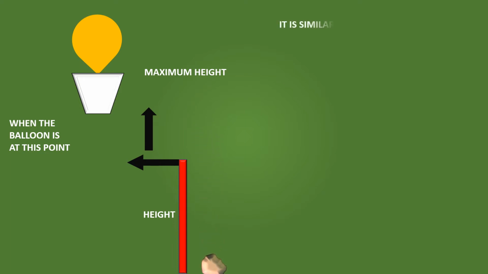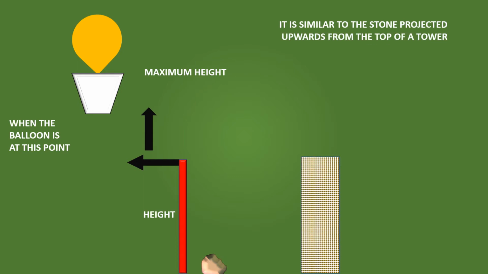It is similar to a stone projected upwards from the top of a tower, and you can see the path taken by the stone. It is similar to the stone projected from the rising balloon. In order to solve these types of problems, one should know the sign convention rule for a body projected from the top of a tower.